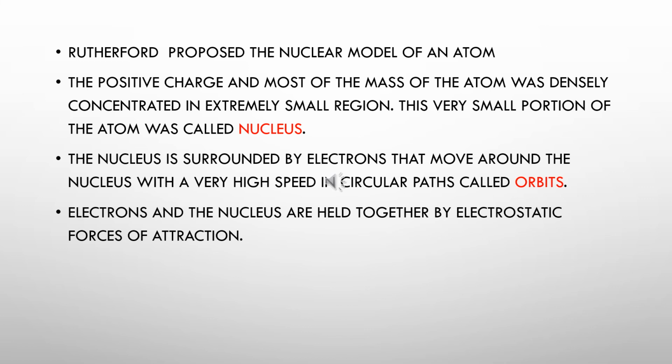This very small portion of the atom was called the nucleus. The nucleus is surrounded by electrons that move around the nucleus with a very high speed in circular paths called orbits. Electrons and the nucleus are held together by electrostatic forces of attraction.